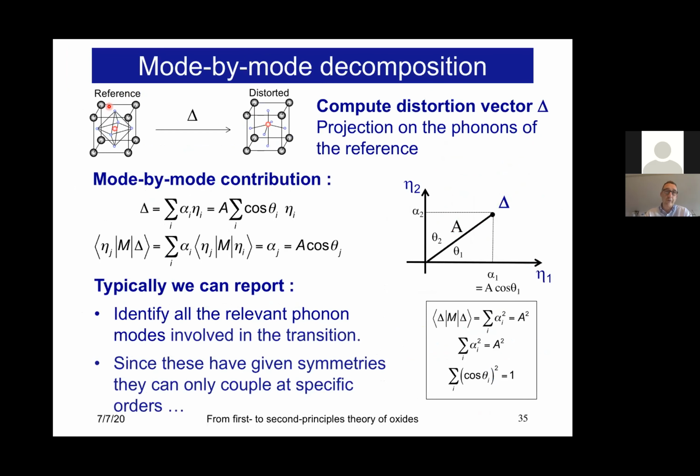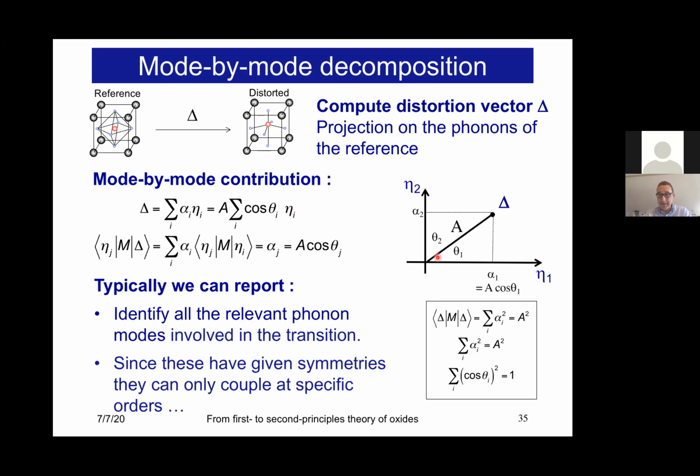And so when you have a reference and a distorted structure, it's often convenient to look at the phonons in your reference structure and then to look at the distortion that appeared between these two structures and to project this distortion here in the basis of the phonons corresponding to this structure. In other words, you write this distortion of the distorted structure as a sum of distortion produced by the different phonon modes of the first structure.